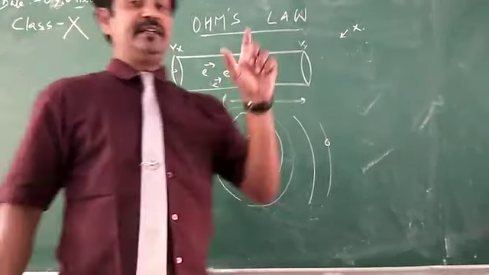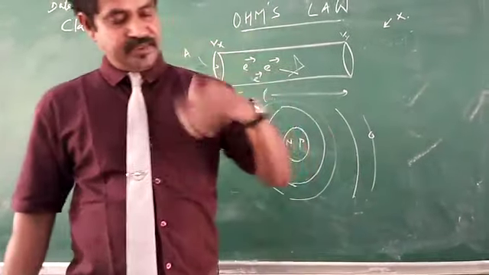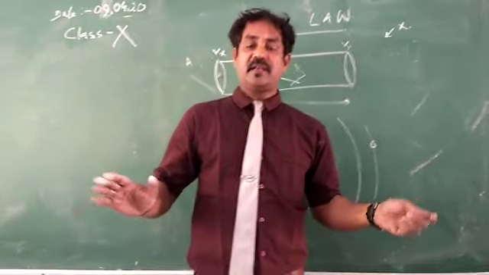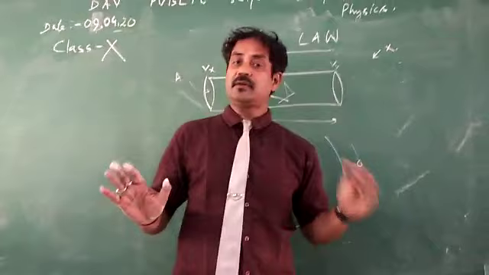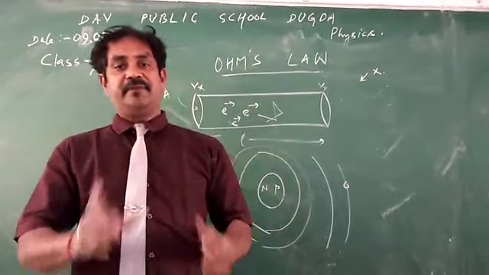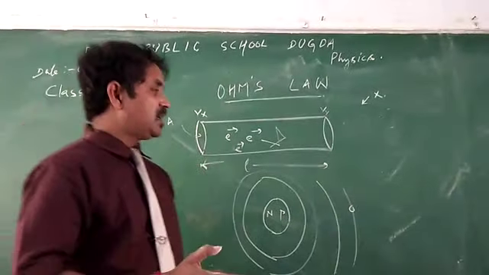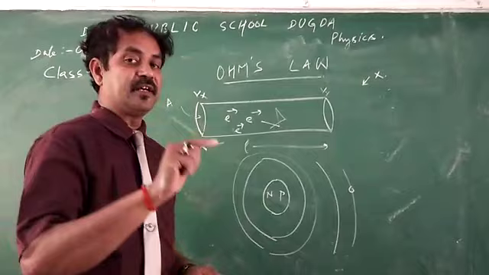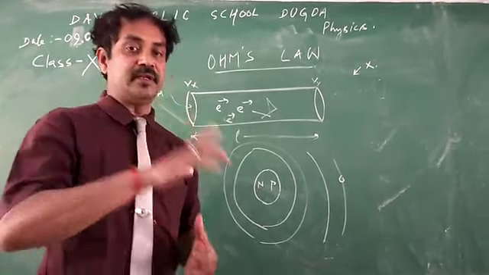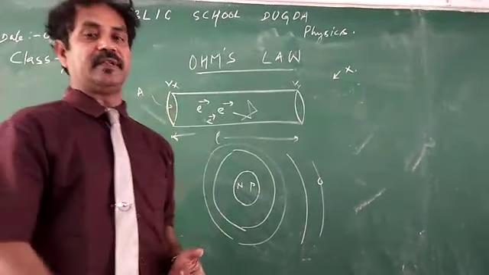That is called drift velocity. So once again, when there is no potential difference, electrons move randomly inside the conductor. But if a potential difference is applied, electrons start moving in a fixed direction with some velocity, and that velocity is known as drift velocity.